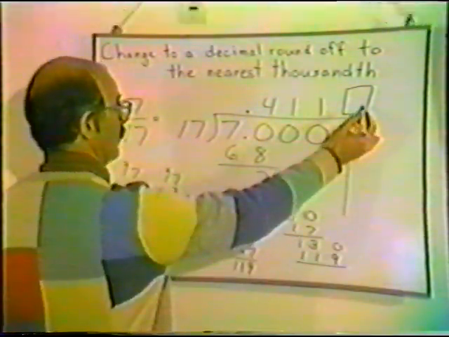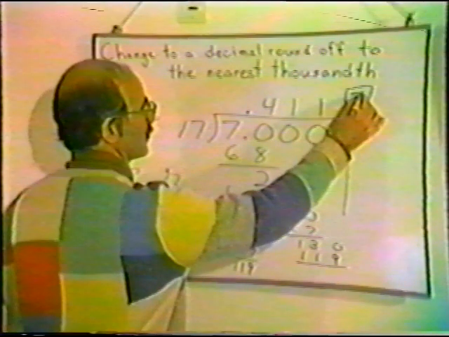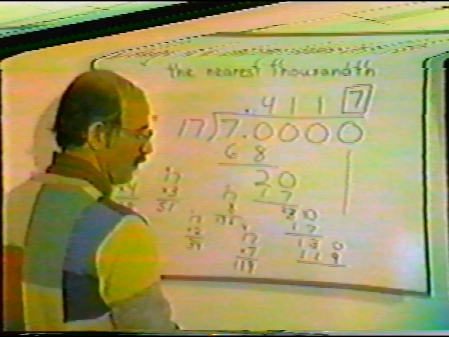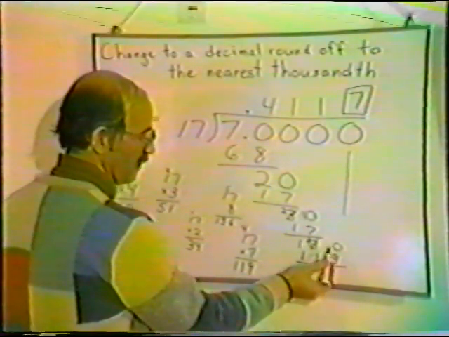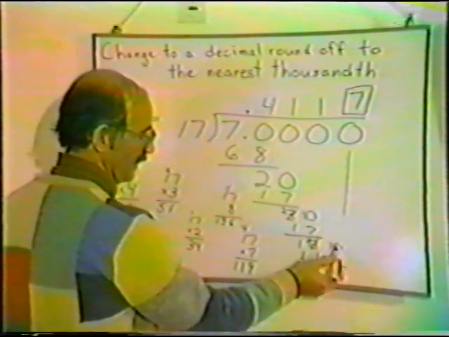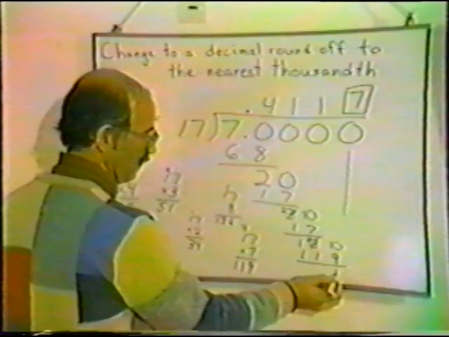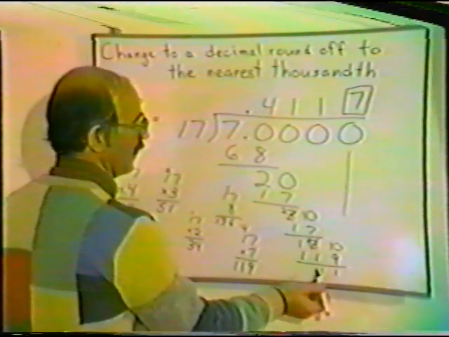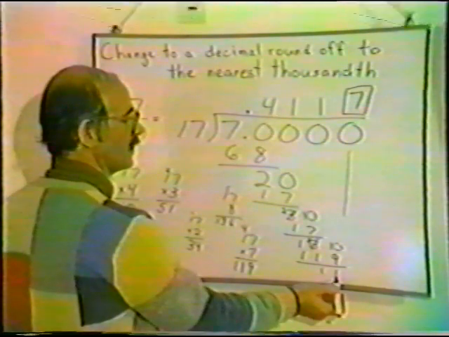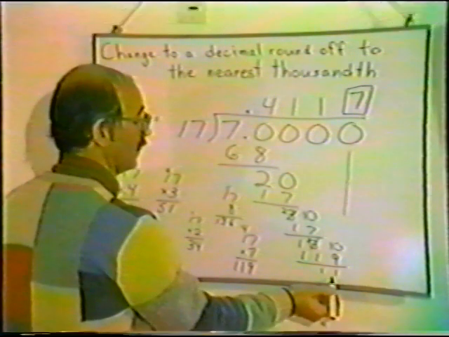And the number up here was 70, so the 7 becomes 2, so that the 0 becomes 10. 10 take away 9, 1. 2 take away 1, 1. The answer for the remainder is 11, and 11 is less than 17.